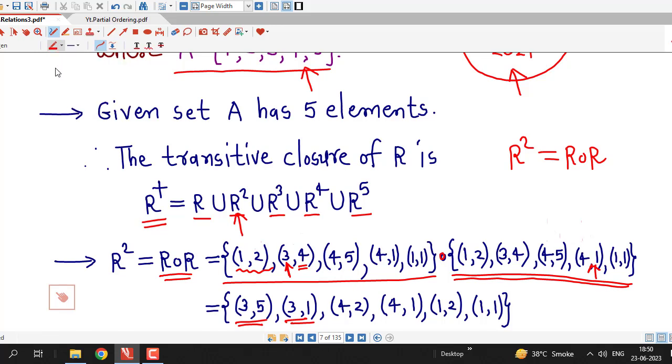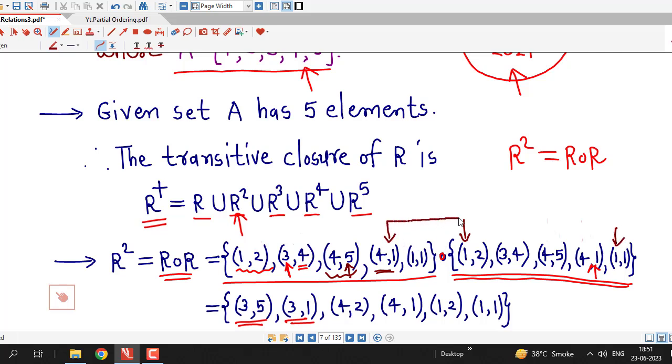Now we come to this ordered pair 4, 5, where the second component is 5. Here we have to search for the ordered pair whose first component is 5, and we can see that there is no ordered pair having first component 5. Now we move to the next ordered pair. Here the second component is 1, and we have to search for ordered pairs having first component 1, and we obtain two ordered pairs.